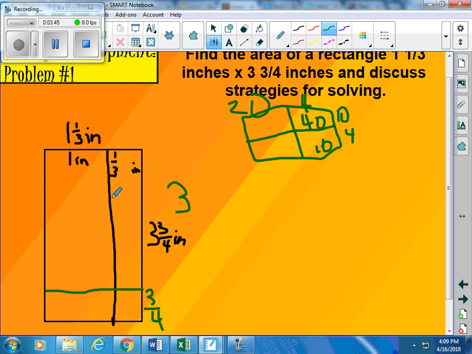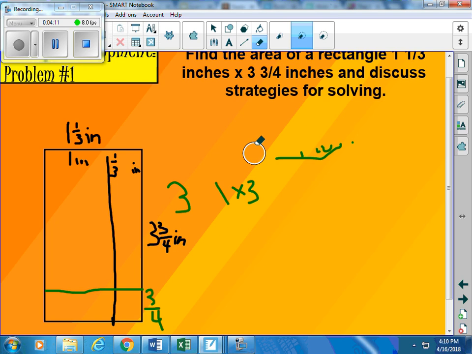Well, that's all we're really doing here. And so what I do is I take this whole number and I multiply it times 3. Now, a lot of us have been trying to do this all along, but this is going to give you a visual as to why you cannot just multiply the whole numbers and then tack the fraction on at the end. Let me go ahead and erase this because that was just to activate your schema and get you thinking about what we used to do.